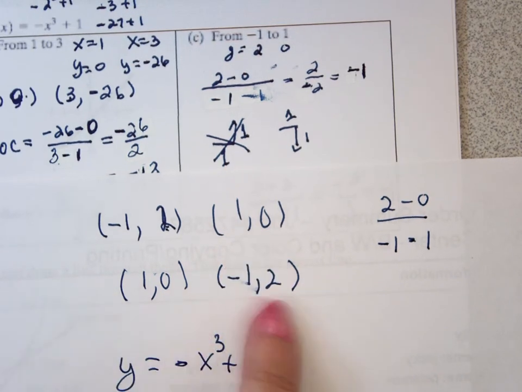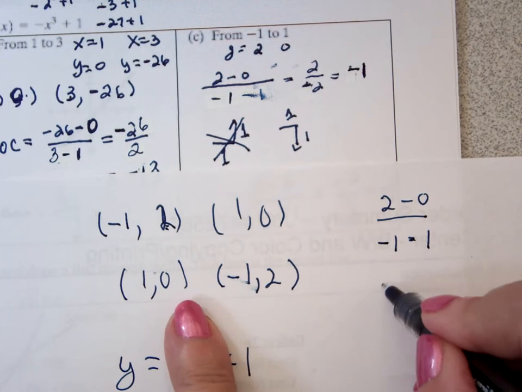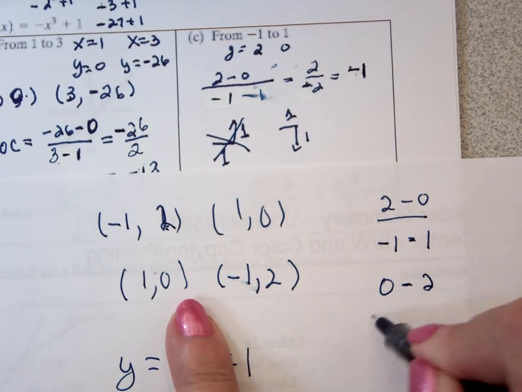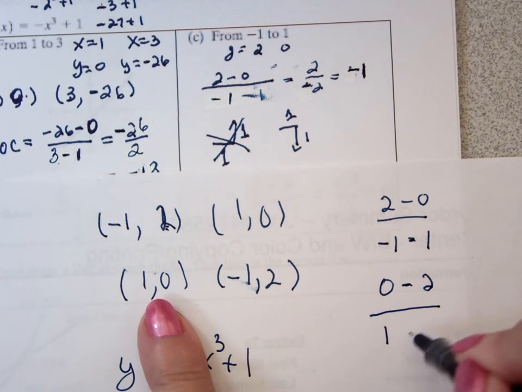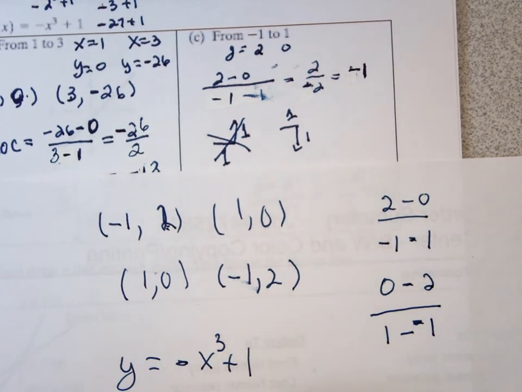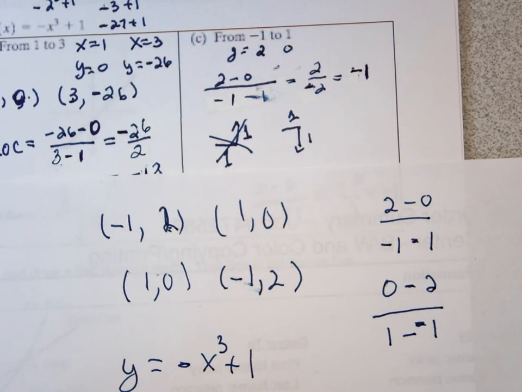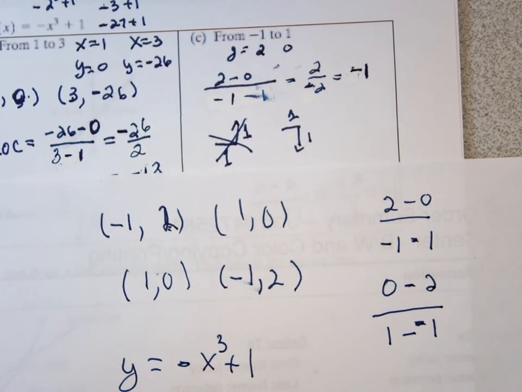This is going to reverse it, or 0 minus 2 over 1 minus negative 1. You're going to end up in the same place. Doesn't matter who's first and who's second.